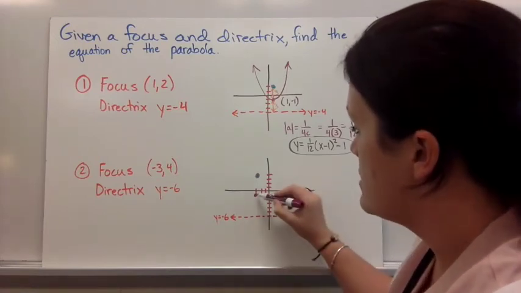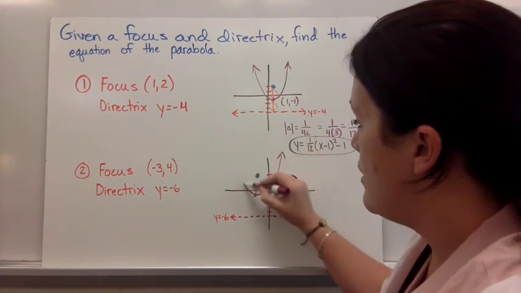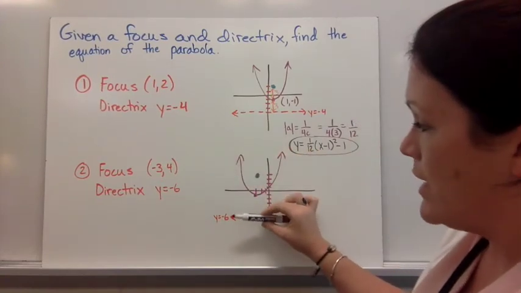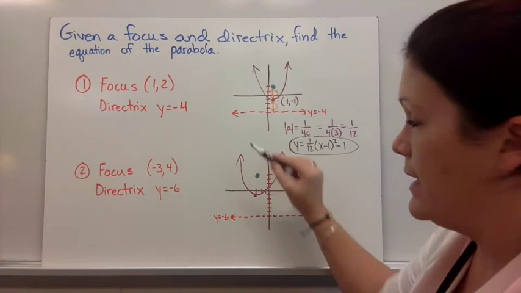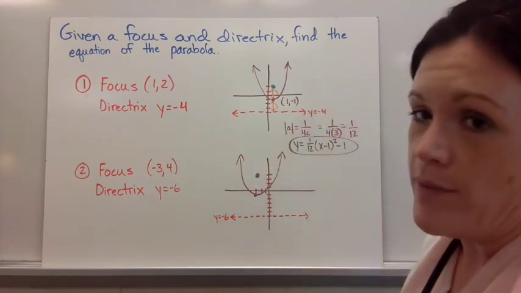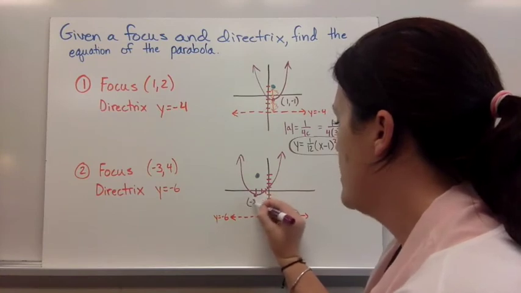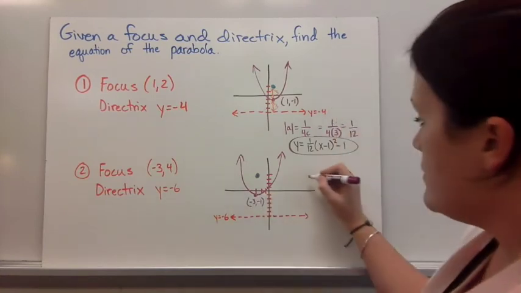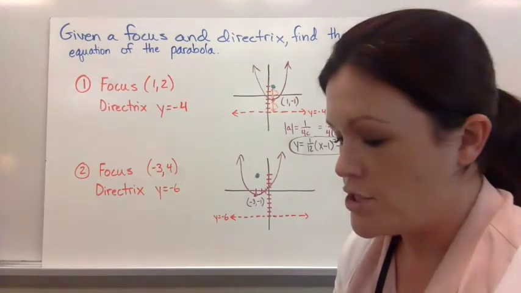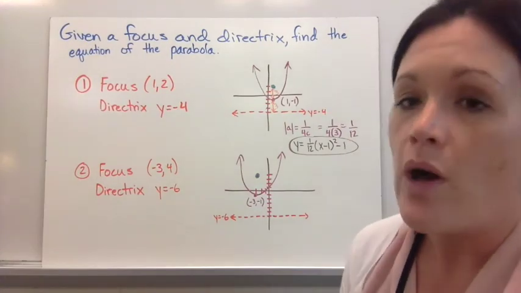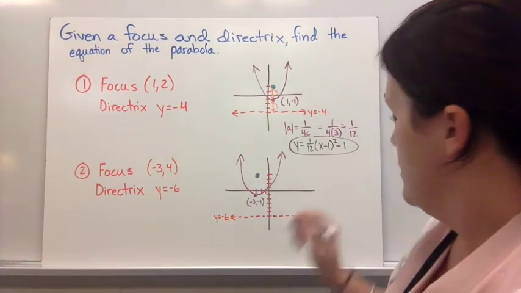So that's my vertex. I know my parabola goes up. Again, that's like a boundary line. Your parabola will not cross that line. So we know it'll go up, away from that line. My vertex is at -3, -1. So I can start to write my equation, but I really need the A value to know how wide or narrow it is.